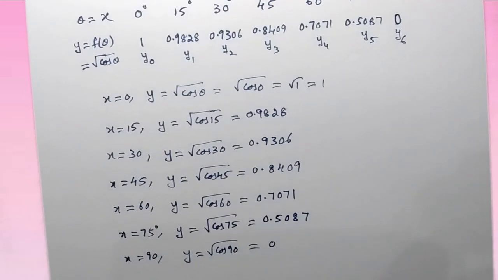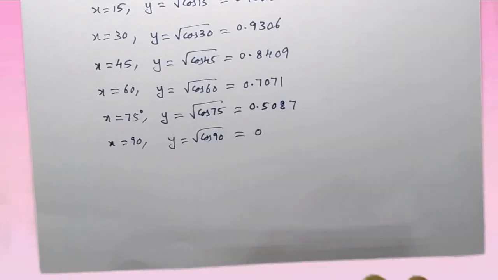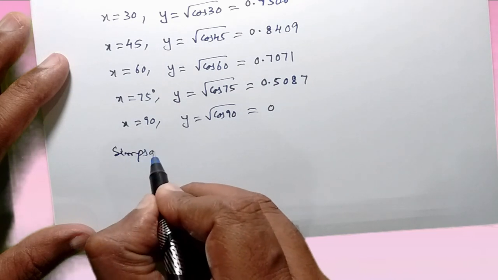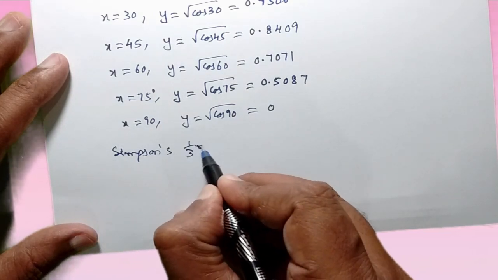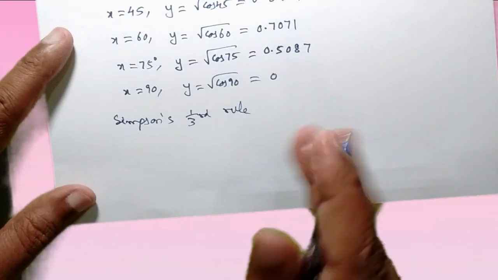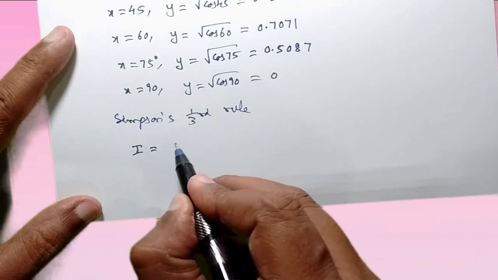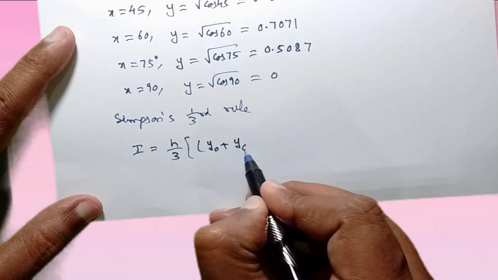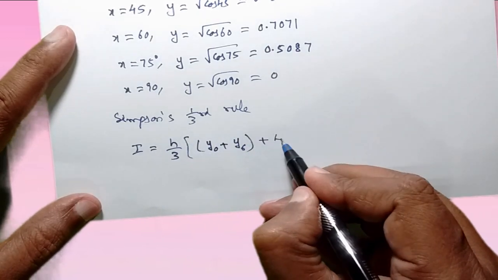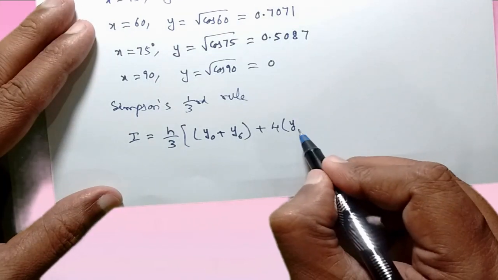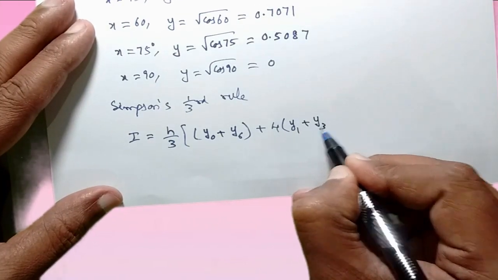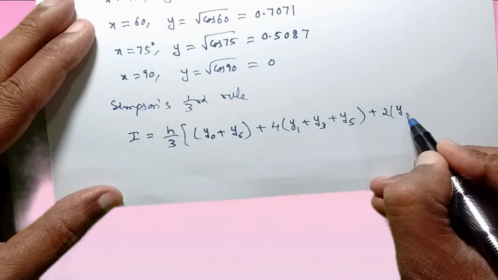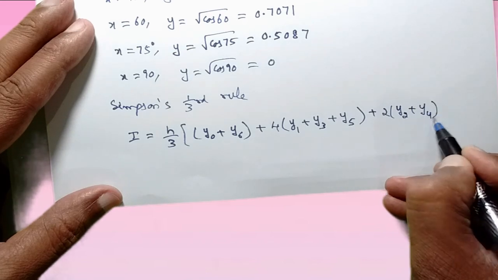So you have to use Simpson's 1/3 rule over here. Write down I equals h by 3 times the initial and final values, y0 plus y6, plus 4 times the odd multiples, y1 plus y3 plus y5, plus 2 times the even multiples, y2 plus y4.